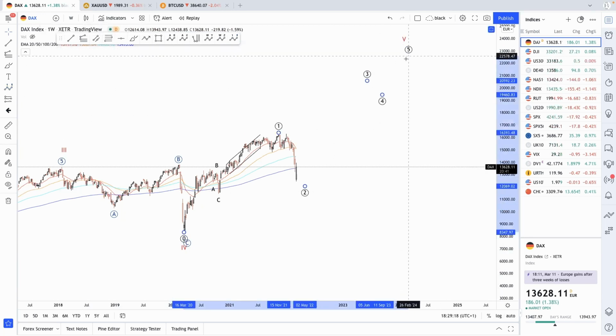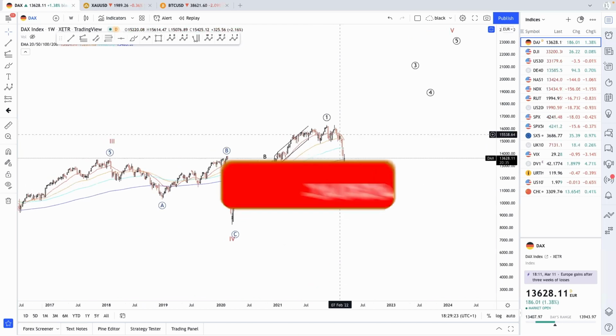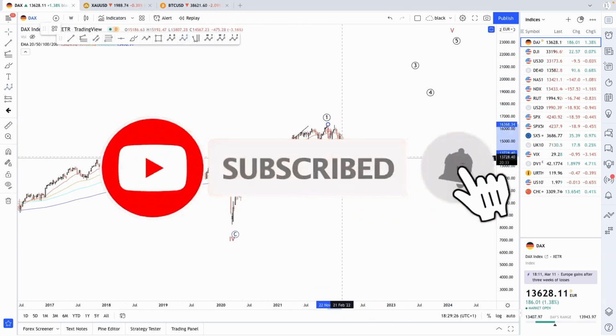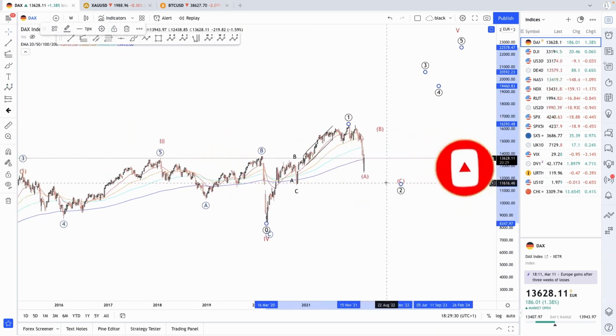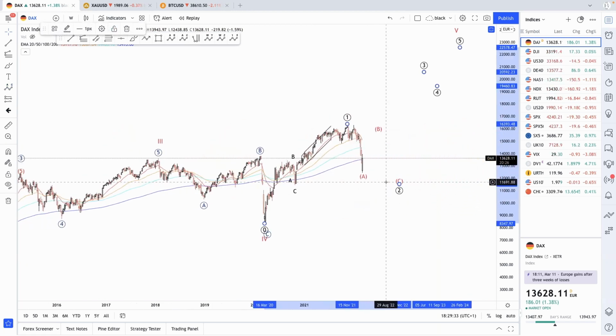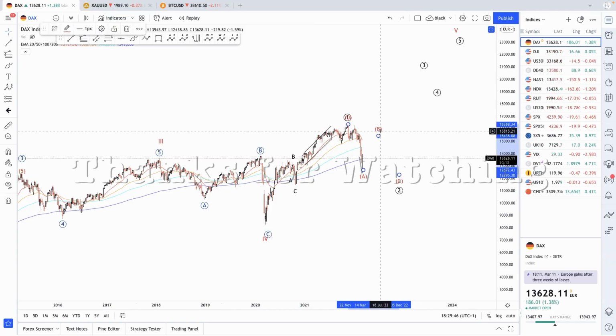So either this could be potentially almost completed, or this could be wave A, then up for B, down for C, and at that point we could resume higher. Which one is going to be? Once again, I do not know, but I'm trying to present you all the possibilities so that you know what to be prepared for. So with that being said, I'm just going to leave you to it.